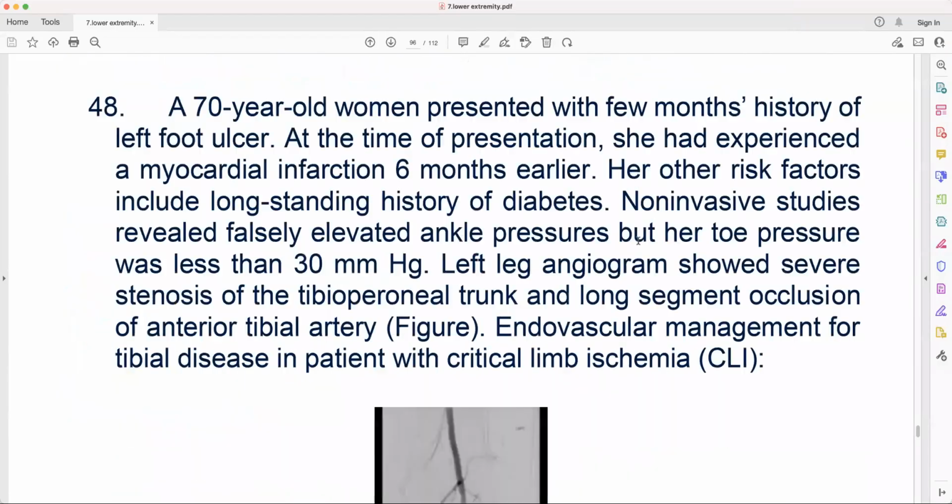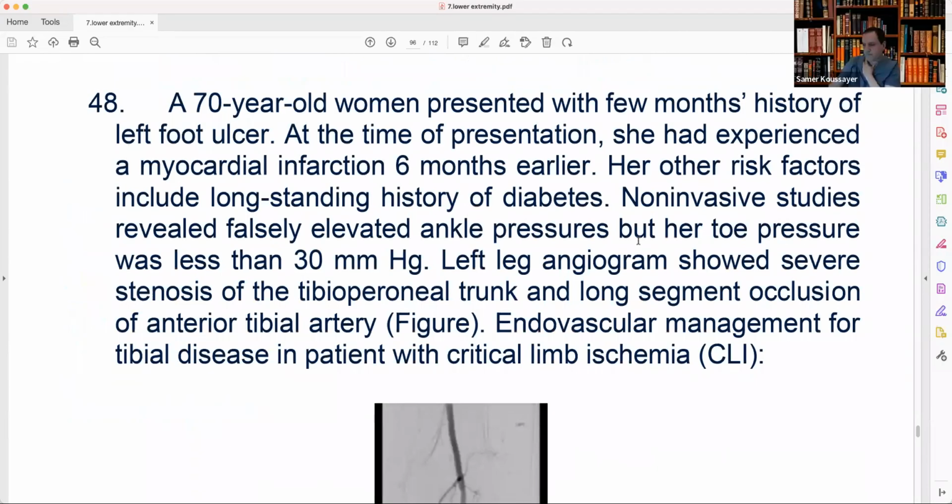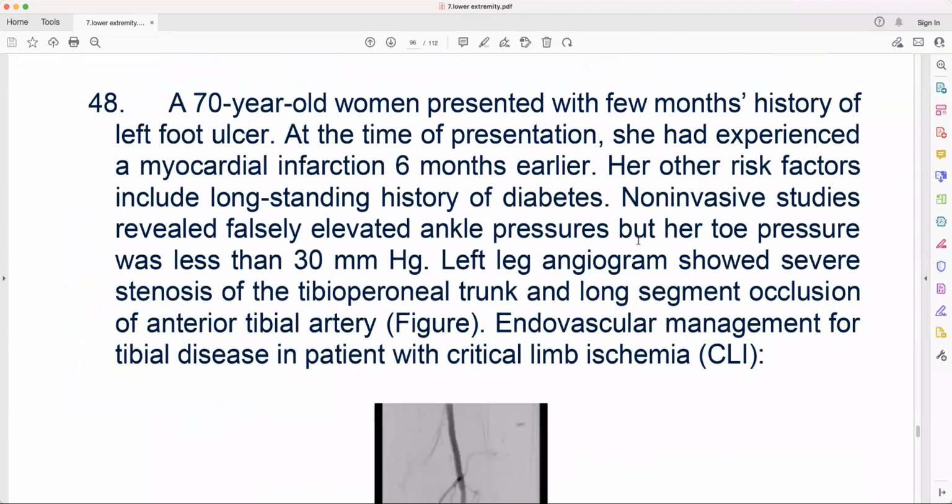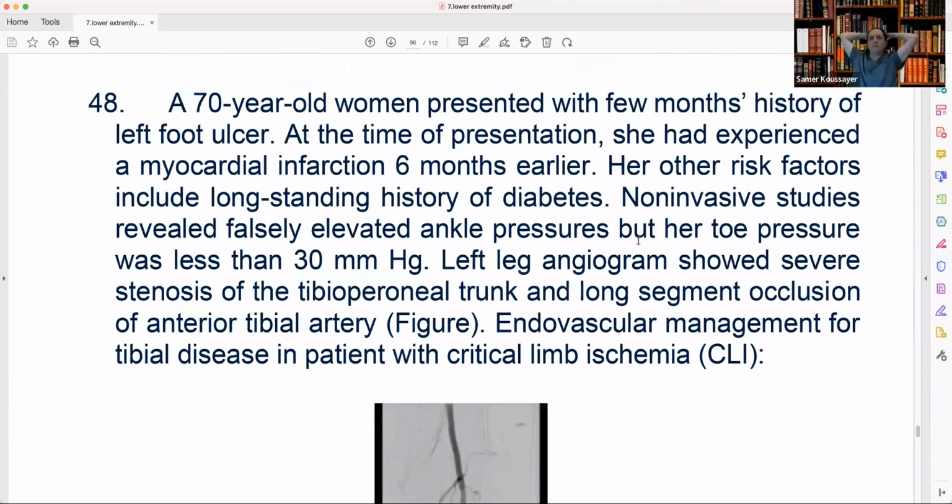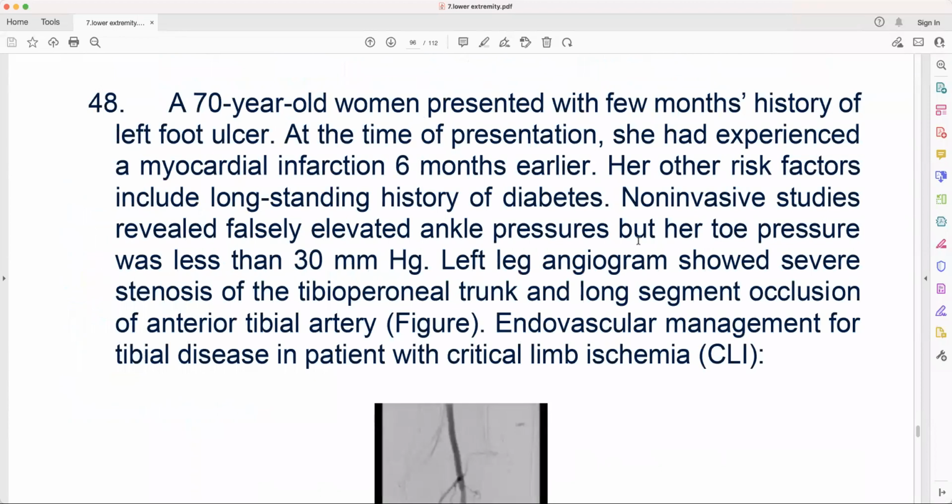48, a 70-year-old woman presented with a few months history of left foot ulcer. At the time of presentation, she had experienced a myocardial infarction 6 months earlier. Her other risk factors include long-standing history of diabetes. Non-invasive studies reveal a falsely elevated ankle pressure, but her toe pressure was less than 30.